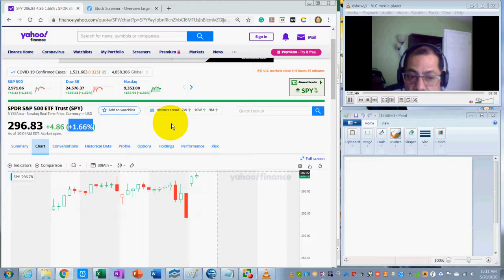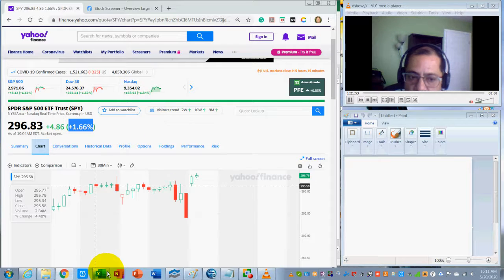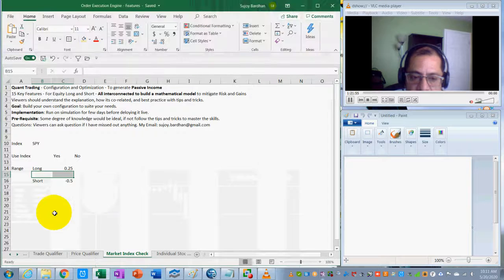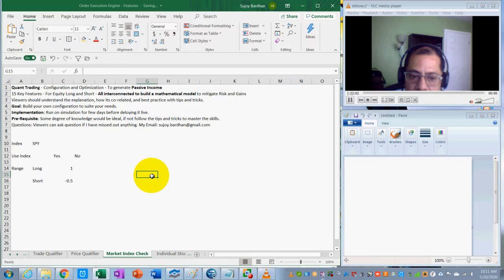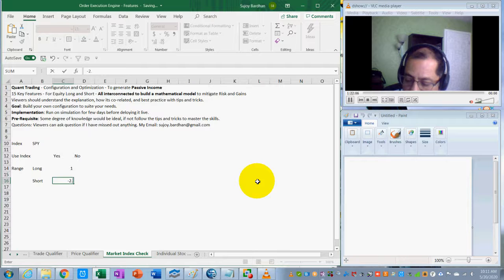So you can have configurations depending on how conservative or how aggressive you are. At this point it is 1.66, but you can tell the configuration, don't look into the long till it is 1%, or short till it is below minus 2.5%.